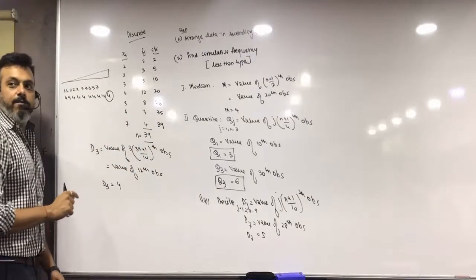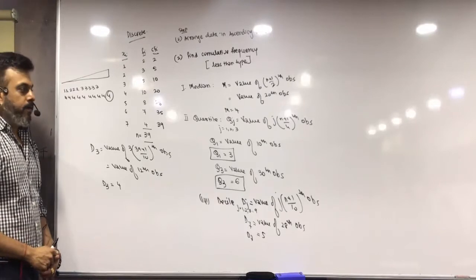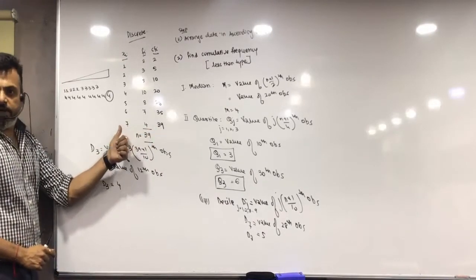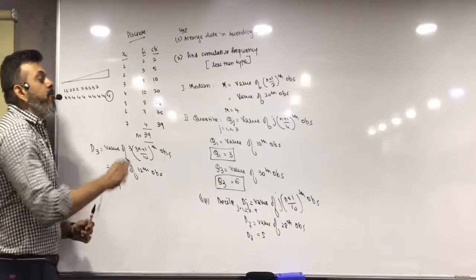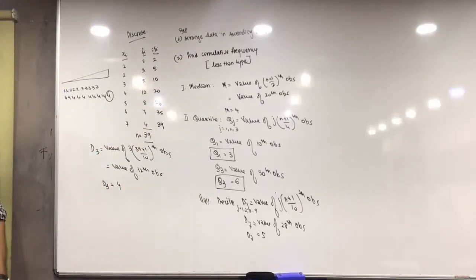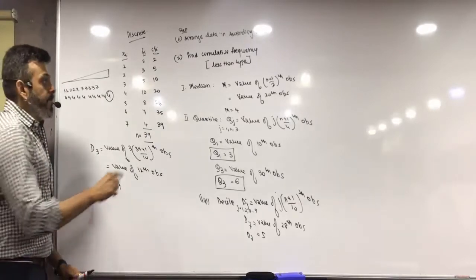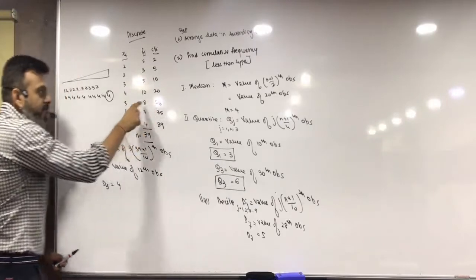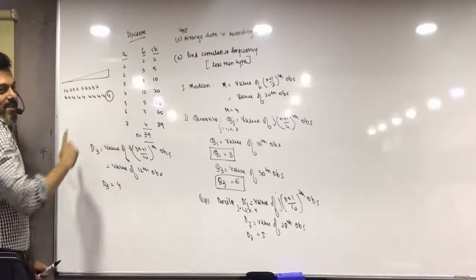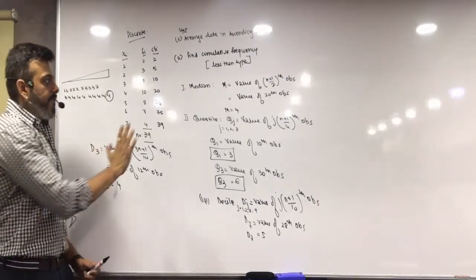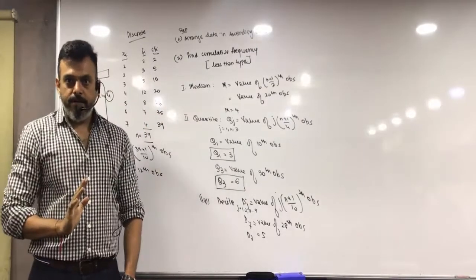If you get 38.7, it is 7. But if you get 20.5, then it's a problem, because the 20th observation is 4 and the 21st observation is 5. Understood? Rarely this happens, but the possibility exists.